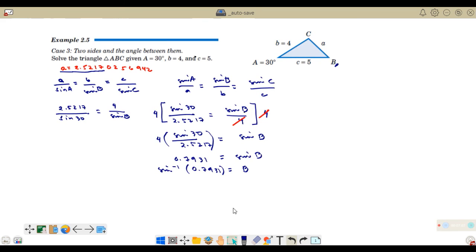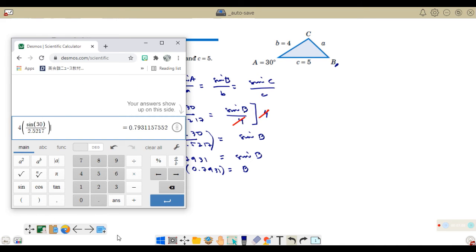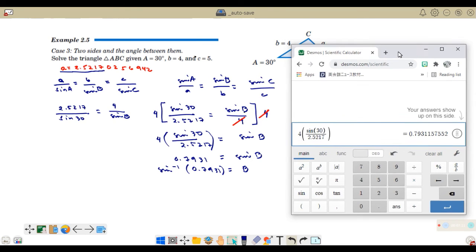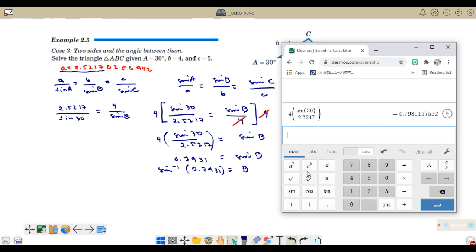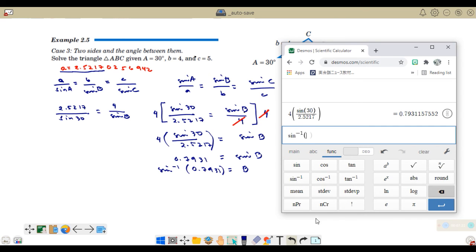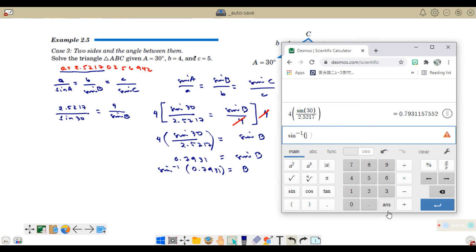Okay. So, let's continue the computation. So, this is arcsine. Let me add another line. We have function, arcsine, answer.